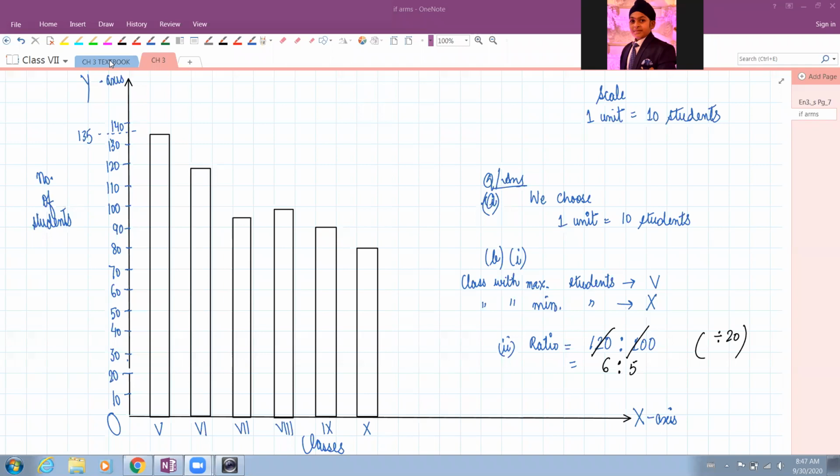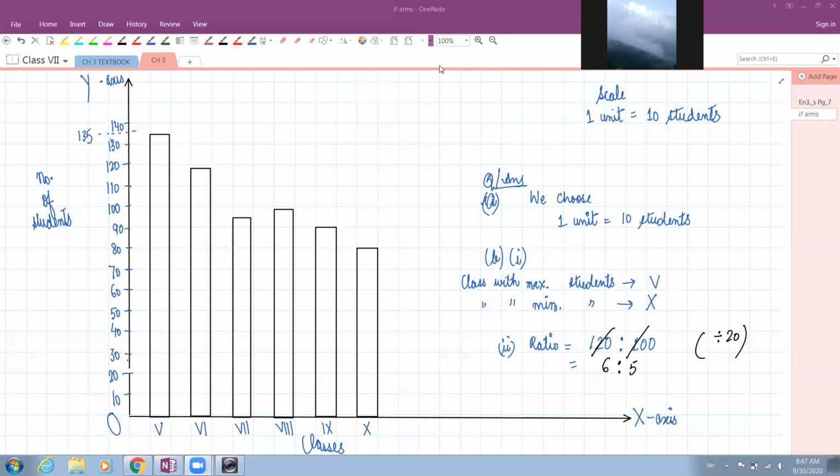One was reading a bar graph. Reading a bar graph means the bar graph is given and we answer the questions asked. And then the second is where a table is given, some data is given, and then we have to draw the graph ourselves. So this graph that we have drawn consists of single bars.